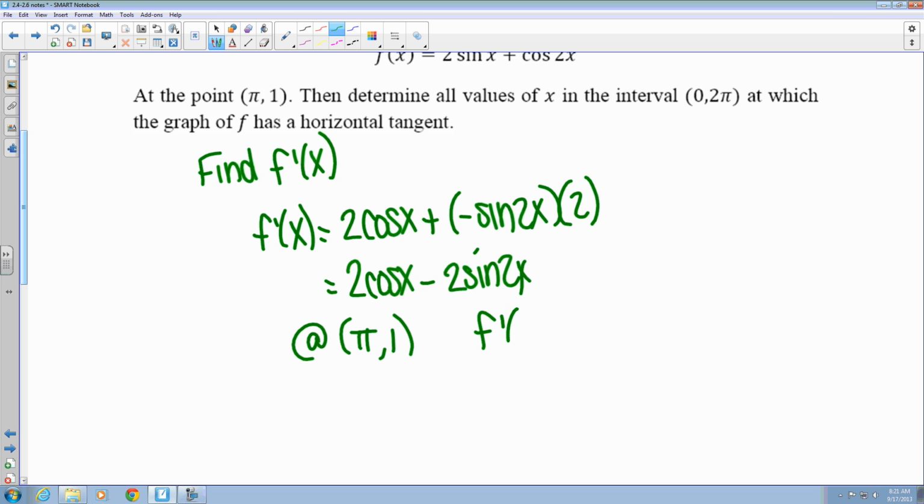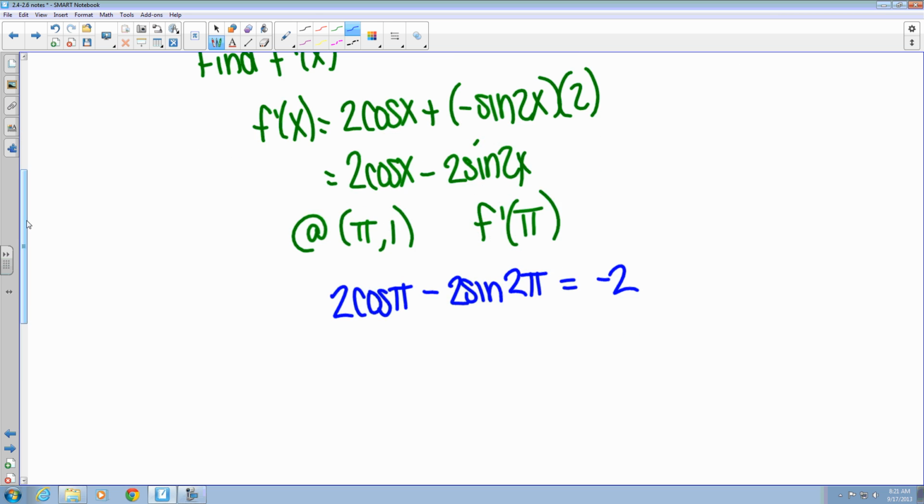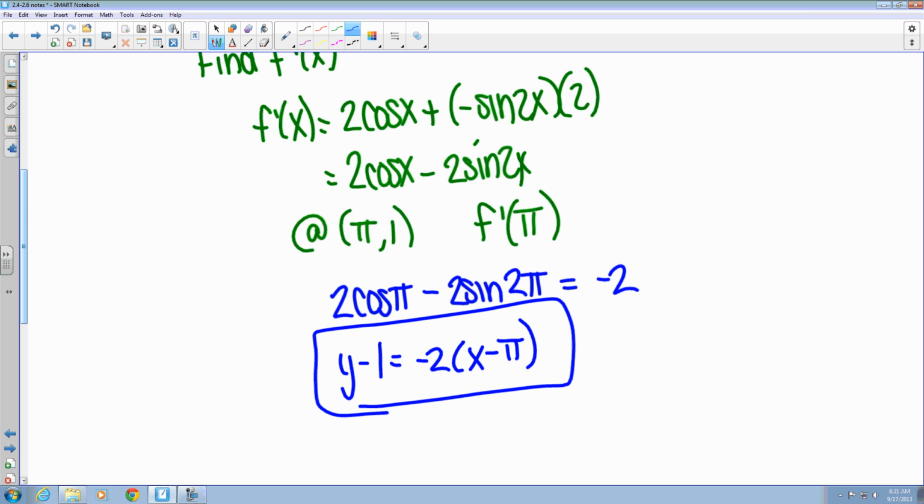So we put pi into our derivative, and we get negative 2. So the equation is y minus 1 equals negative 2 times x minus pi, which I'm okay with you leaving it like that because all of the calculus is done so far.